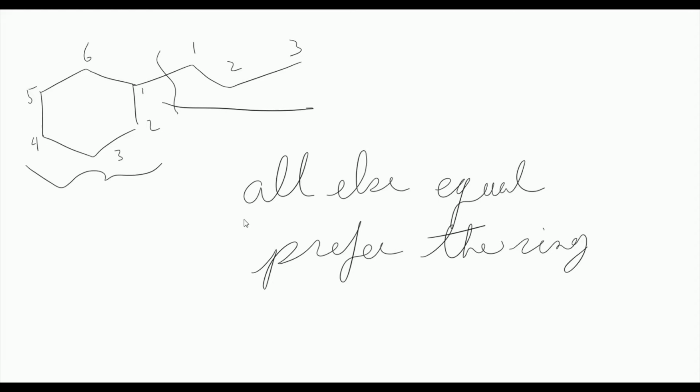So this is going to be a propyl cyclohexane. Okay. So that chain becomes a propyl group, and the main chain is the ring.